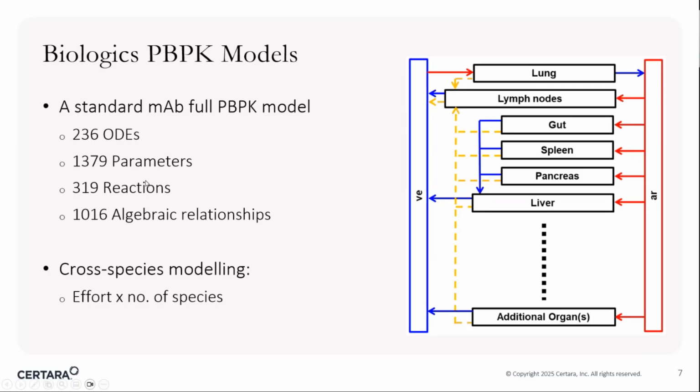And if you want to make that model a cross-species model, so you want to have models for preclinical as well as clinical, which is not uncommon in biologics drug development, then you have to multiply that effort by the number of species. So if you want 4 species, for example, then you will end up with around 1,000 ODEs, which doesn't seem to be feasible to be done manually.